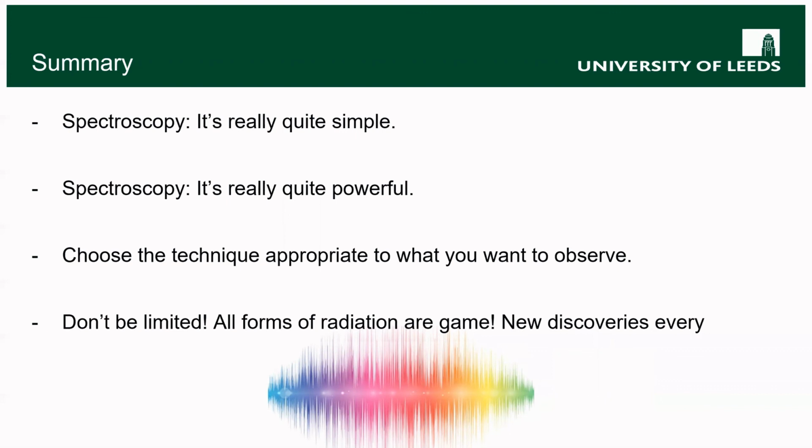And it's just so broadly applicable from all forms of radiation. Doesn't just have to be electromagnetism, it can be anything you want. And so you end up with new discoveries just coming by, not quite every day, but every some short time period.